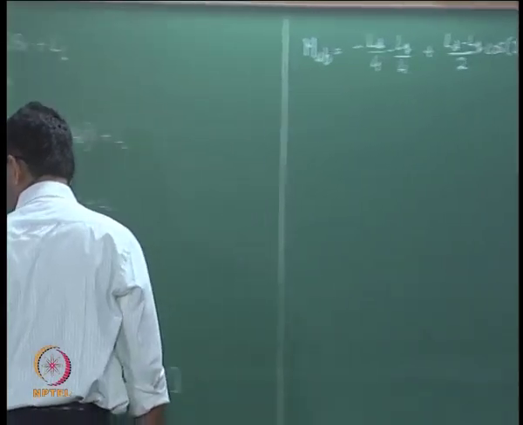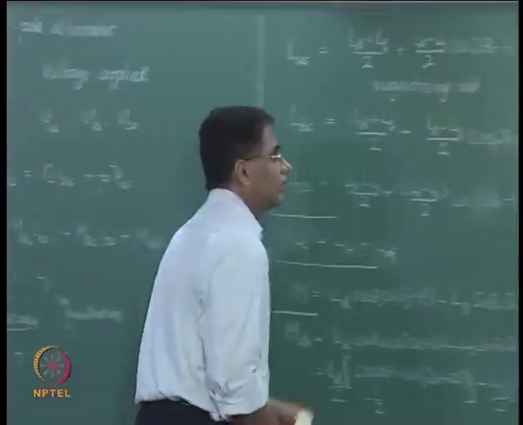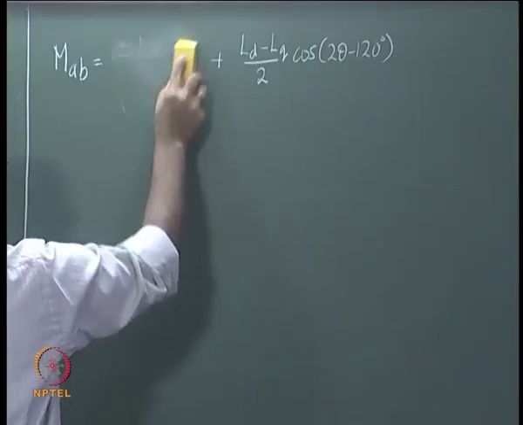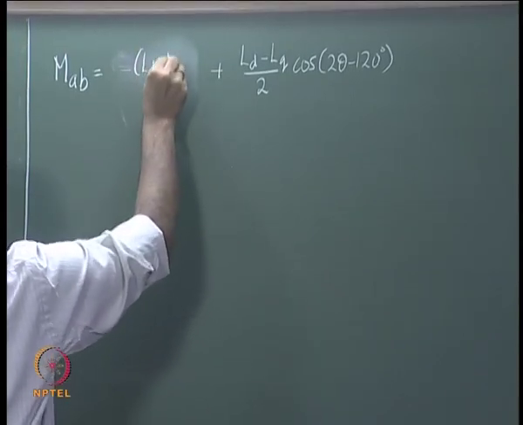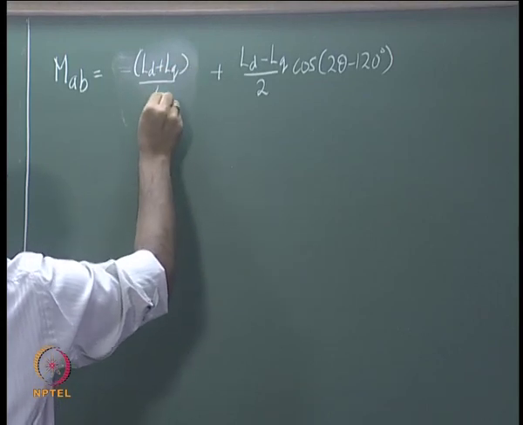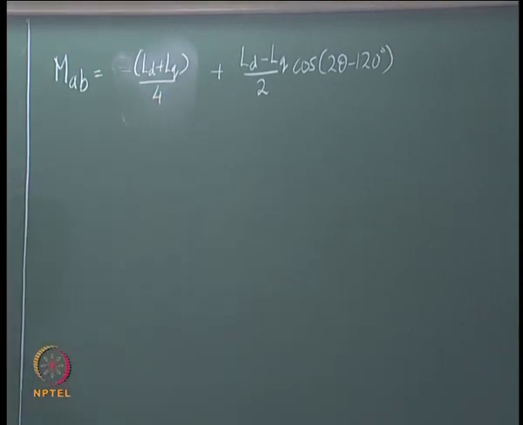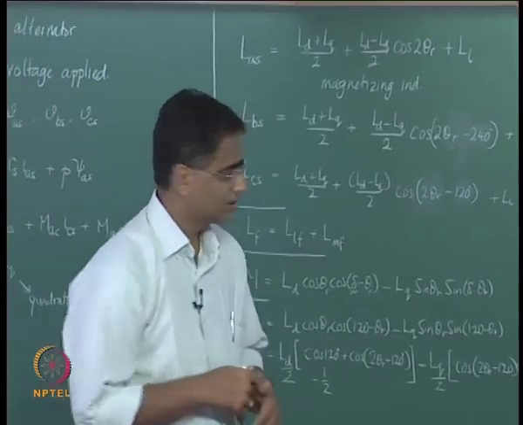So this expression can then be combined, it is minus of LD plus LQ by 4. So that is the expression for the mutual inductance between the phases A and B.